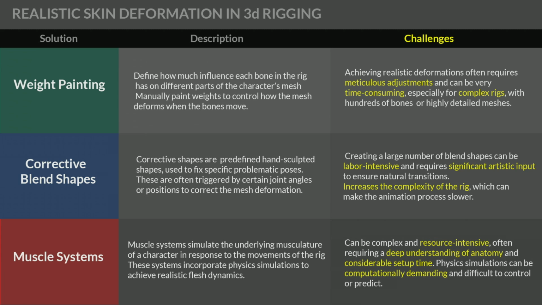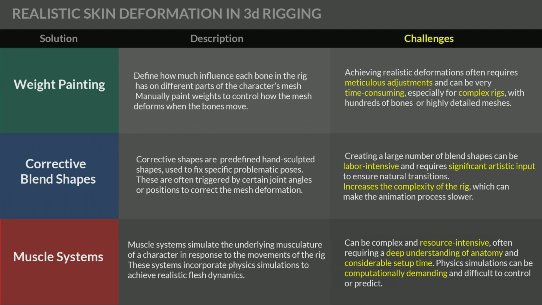There are three major solutions for that: weight painting, corrective blend shapes, and muscle systems. Weight painting is the oldest one, the father of all, and means painting weights over the points of a skin, which are influenced by each bone. The problem with weight painting is that it's tedious. You have to hand paint everything.